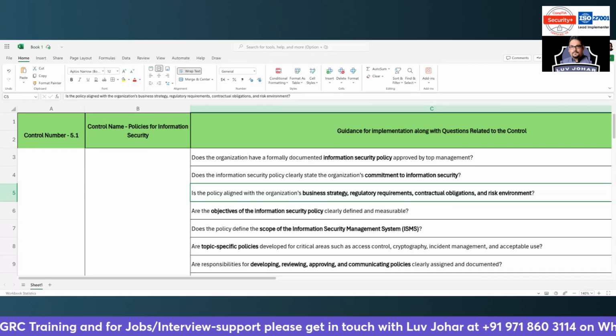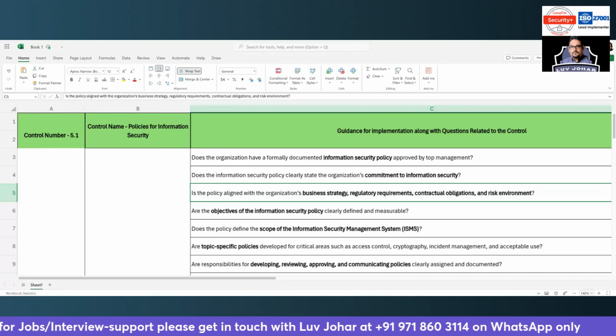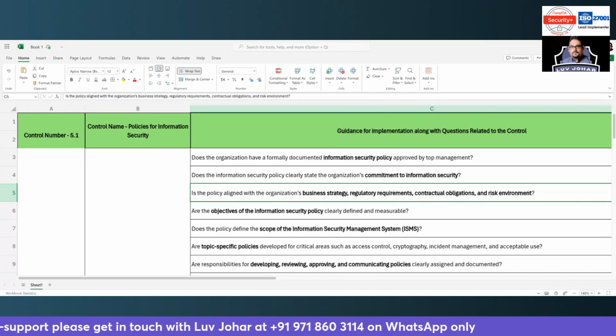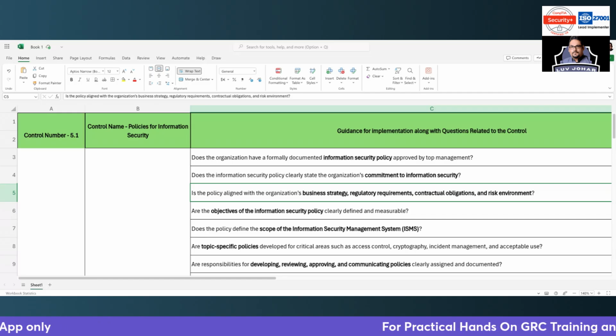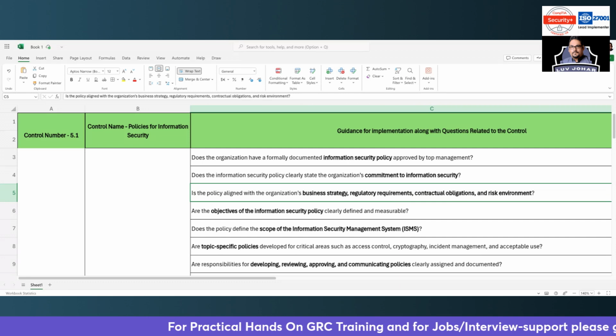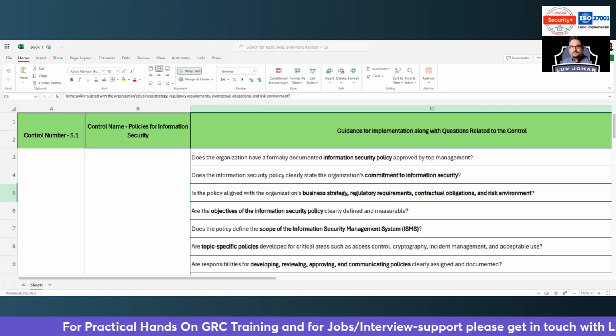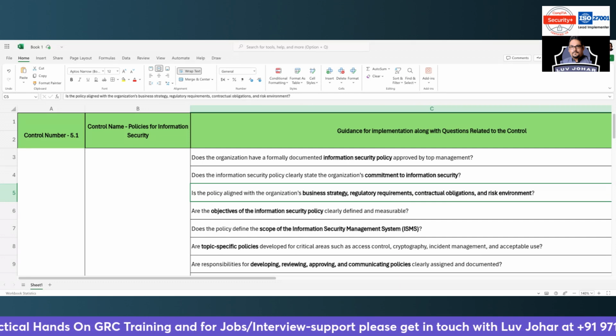Okay, that as an organization we have to follow this regulatory requirement as well. Similarly, if there is a contractual obligation with some of your service providers or supply chain vendors, then you need to mention that as well in that policy. And along with that, the risk environment: how are you making sure about the risk environment, whether it's intact or not, right?